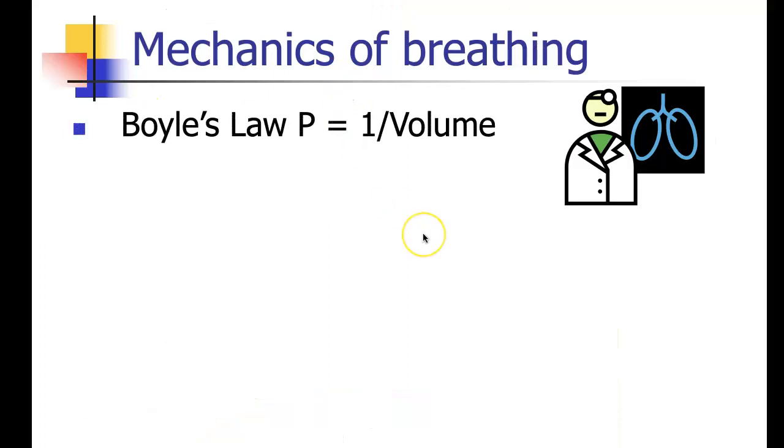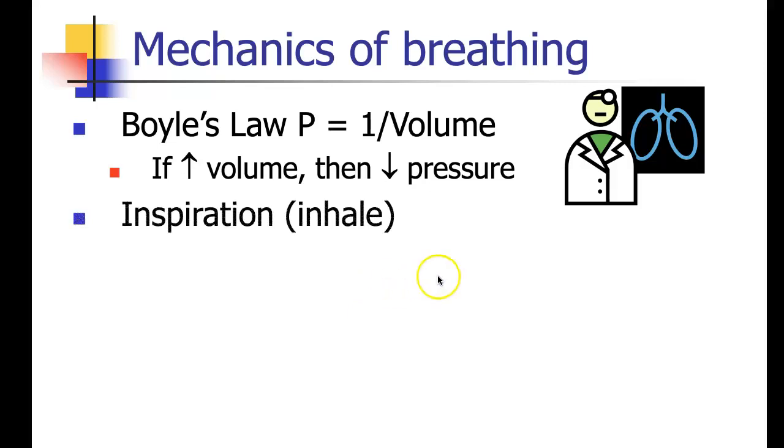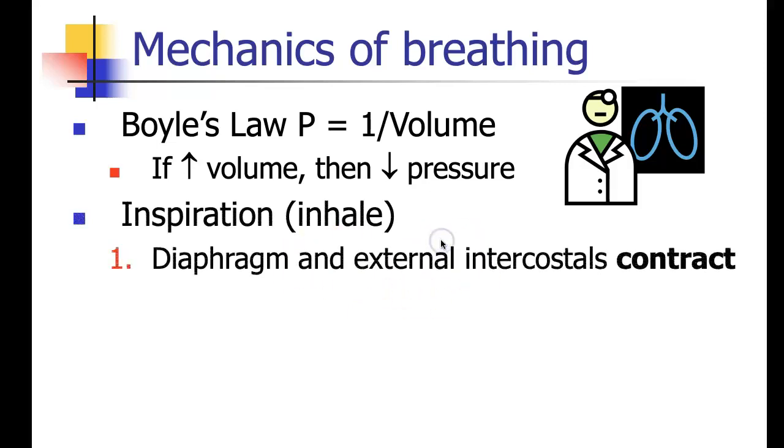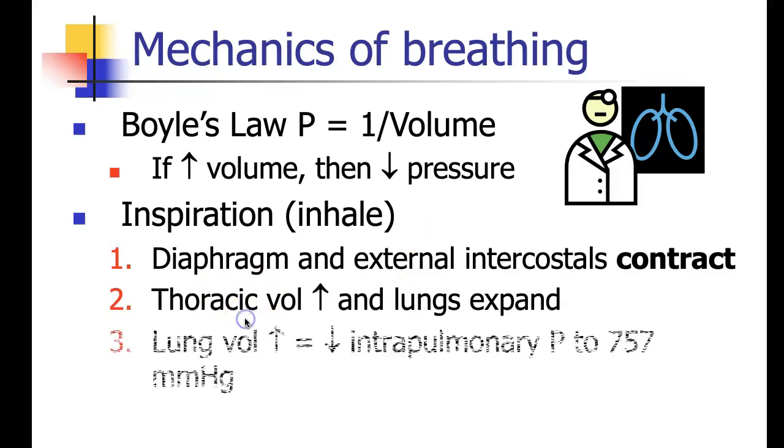Okay. So for the mechanics of breathing, we have to consider something called Boyle's law, where pressure is 1 over volume. And so if you have an increase in volume, then you have a decrease in pressure. So like I said, on your inspiration, on your inhale, the diaphragm and the external intercostal muscles contract. That causes thoracic volume to increase and the lungs expand.